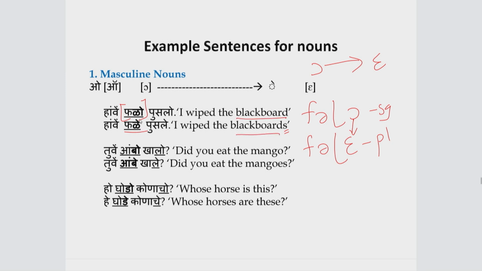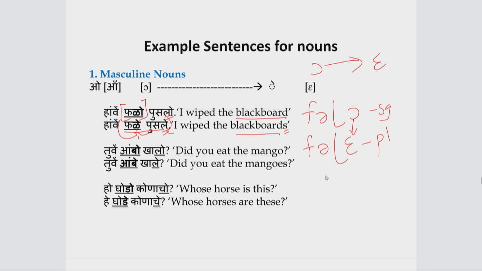In Konkani, the O ending in the singular becomes A ending in the plural. Also, we can see that the verb is also changing. Puslo becomes pusle. So here the verb is agreeing with the number and the gender of the previous noun. Tuve ambo khalo? Did you eat the mango?